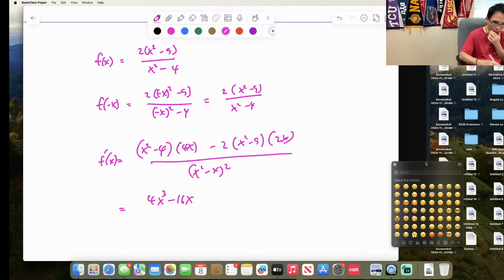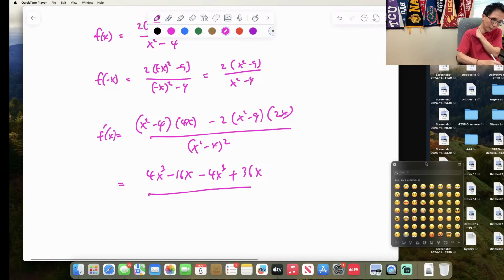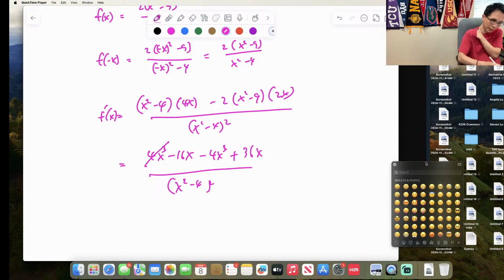This is going to be negative 4x cubed, and negative 4x times negative 9, so it's plus 36x over x squared minus 4 squared. So this one should cancel out, and this should be 20x over x squared minus 4 squared.